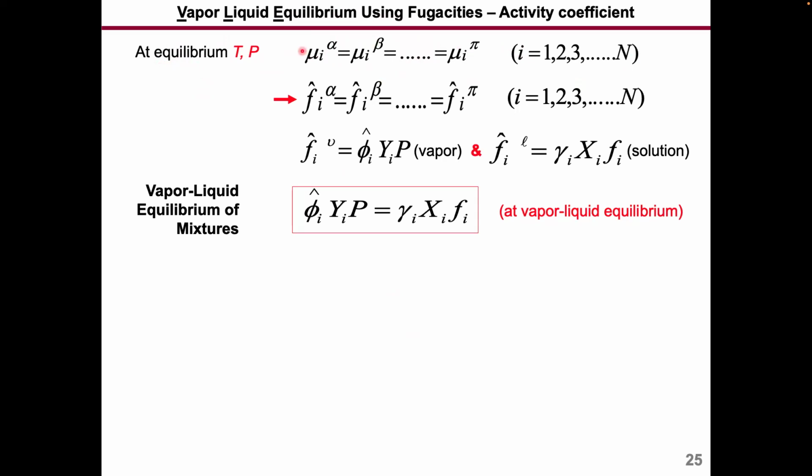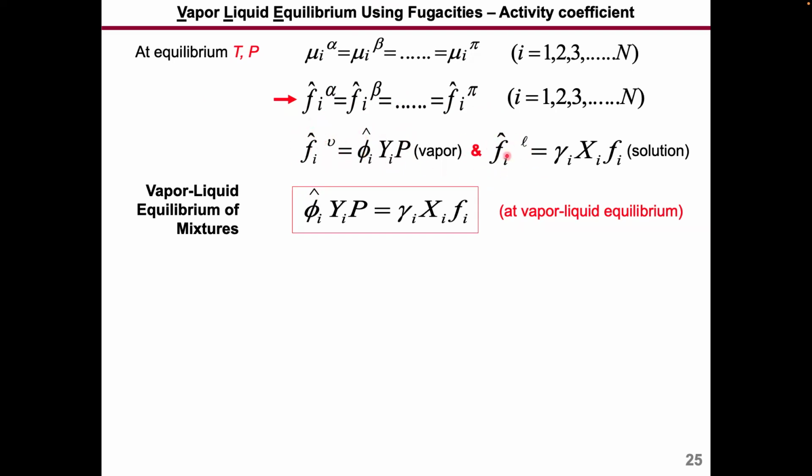And then later the chemical potential will be translated to essentially the fugacity of species i in the mixture in the alpha phase is going to be equal to the fugacity elsewhere, in other phases. And the fugacity in the vapor phase, we already know how to calculate, that is phi_i hat times the partial pressure y_i P. So this is the ideal state, and this is the deviation from the ideal state. So this is the real.